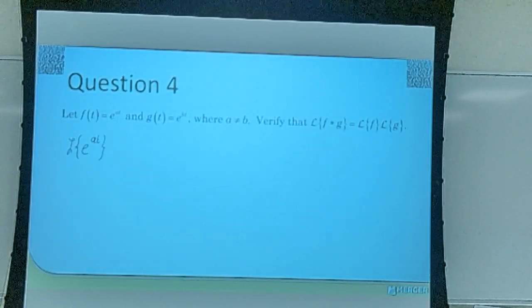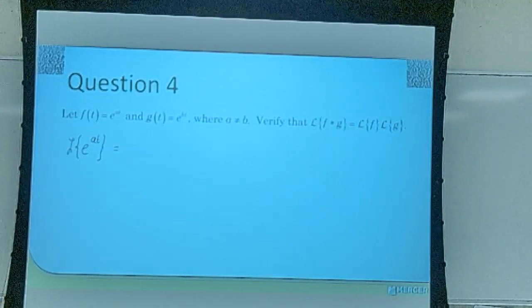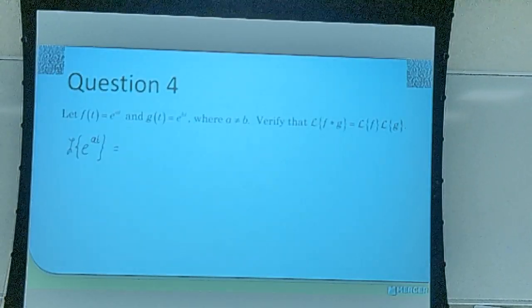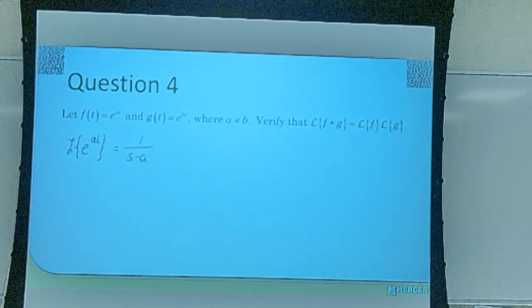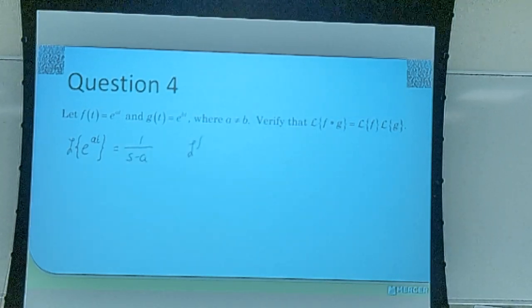Let's start simple and just calculate these basic transforms. What's that transform? 1 over s minus a. What is that transform? 1 over s minus b.